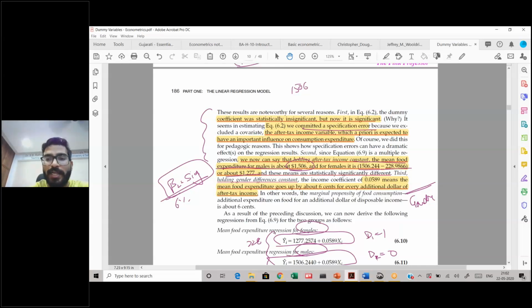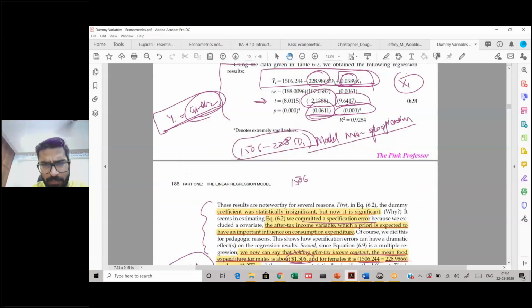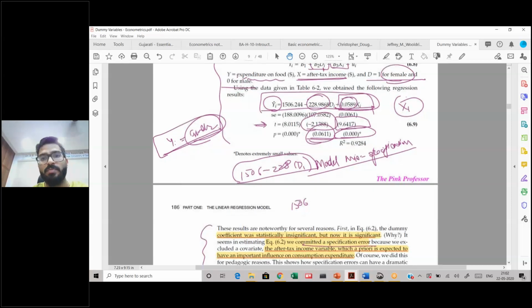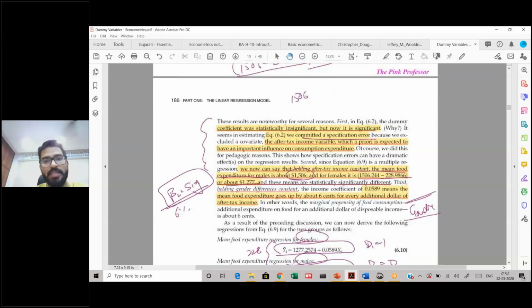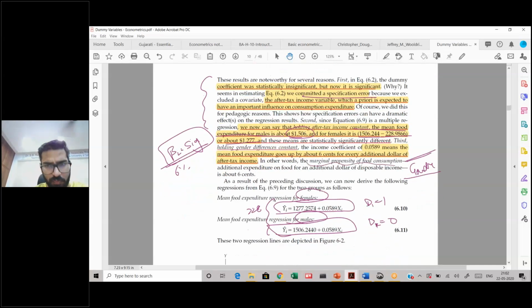So if you keep gender constant, then on an average, if your after tax dollar income increases by $1, then your average food expenditure increases by 6 cents, 5.89 cents. This is the interpretation of the entire model, which is essentially equal to the marginal propensity to consume.